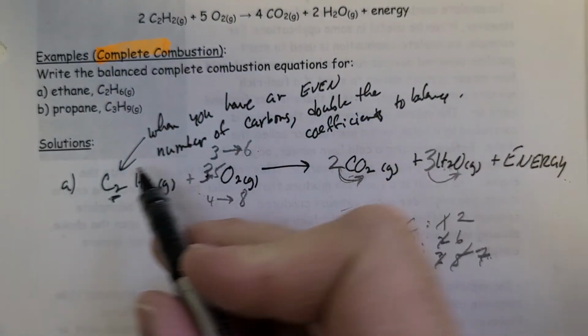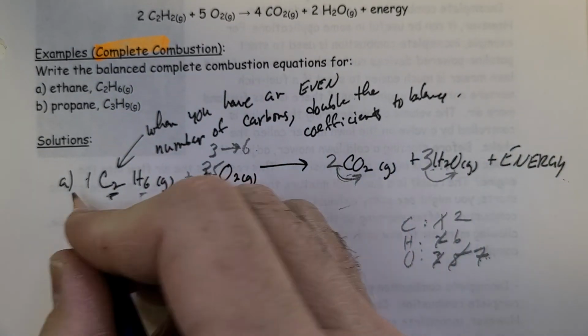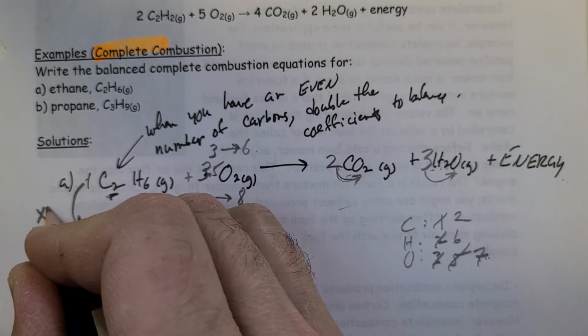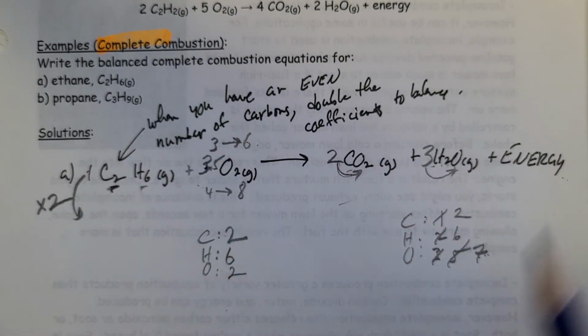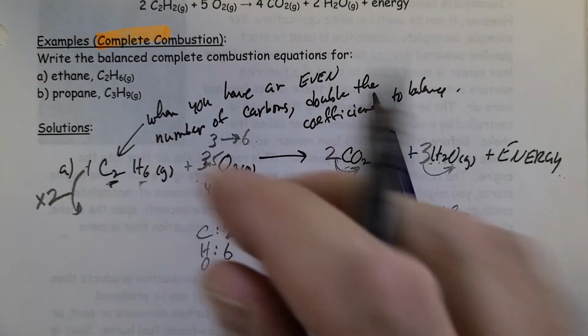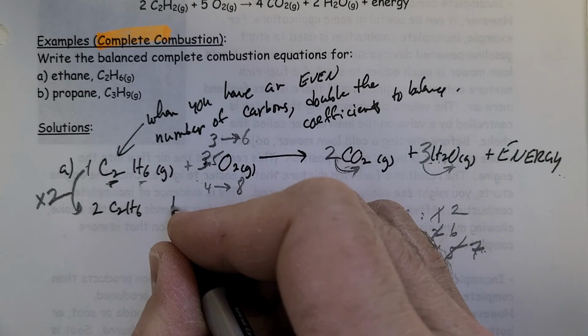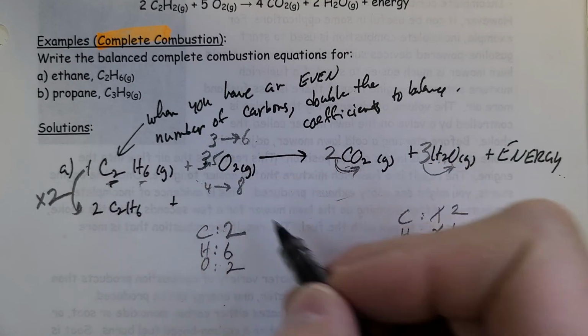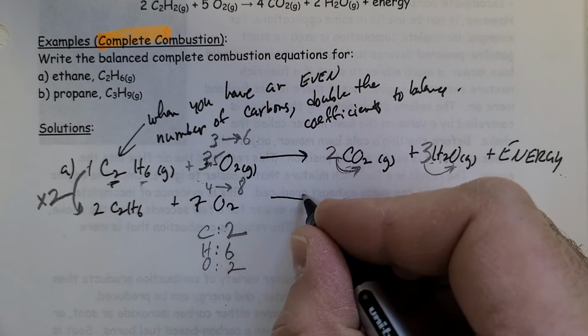So ideally 1, 3.5, 2, 3. If I double that, so times 2, and this will happen all the time when we have an even number here. So 1 times 2, of course, is 2C2H6. Double 3.5. If I double 3.5, that's going to give me 7 O2s.